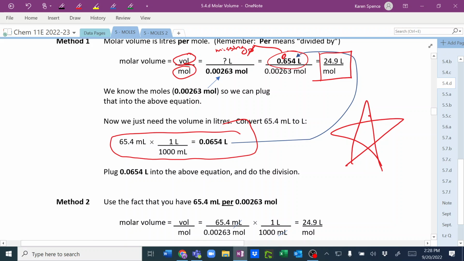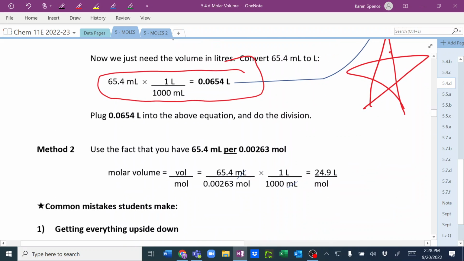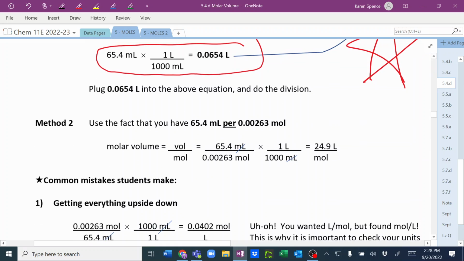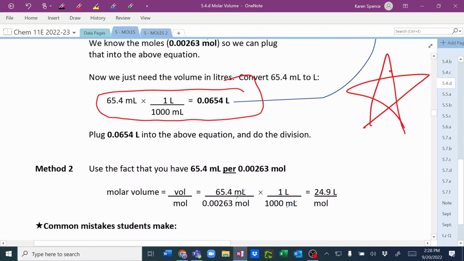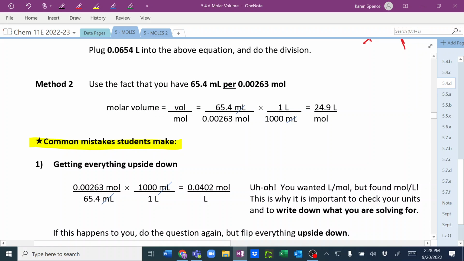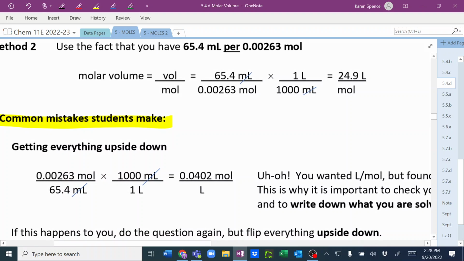Now, what about common mistakes students make. These are things I have seen many times over the years. They get everything upside down, right? So instead of doing liters per mole, they do moles per liter.